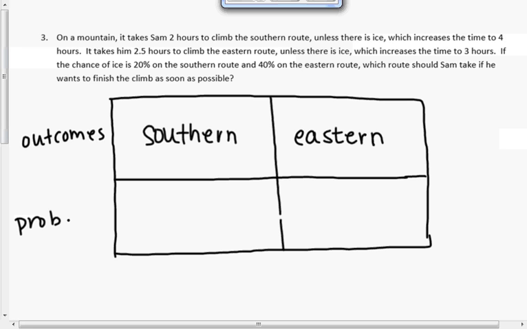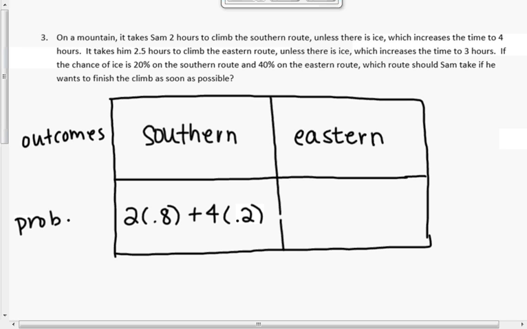But if there's a chance of ice, which is 20% on the southern route, it takes a little bit longer. It would increase him to 4 hours. So if the ice is only going to happen 20% of the time, that means there's no ice 80% of the time. So 80% of the time, it's going to take him 2 hours. There's ice 20% of the time, so 20% of the time it would take him 4 hours.